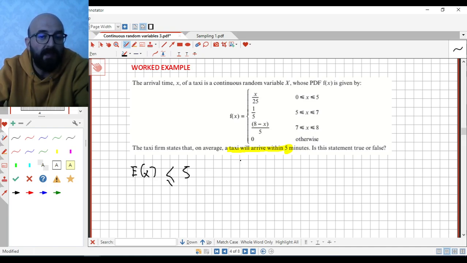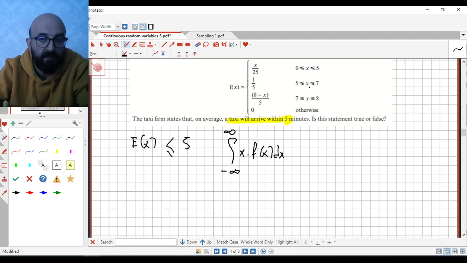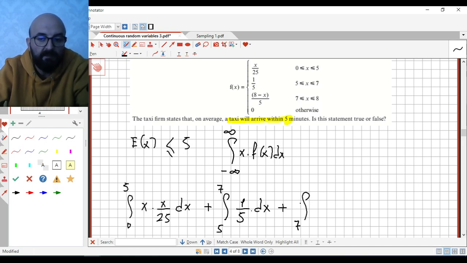Now we should find the expectation value. So our expectation value, as you remember, is the integral from negative infinity to positive infinity of x multiplied by f(x) dx. So our boundaries: firstly from 0 to 5, x multiplied by x over 25 dx, plus from 5 to 7, 1 over 5 multiplied by dx, plus lastly from 7 to 8, (8 minus x) over 5 dx.